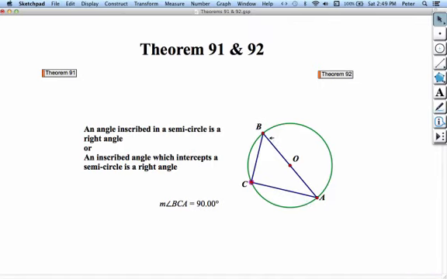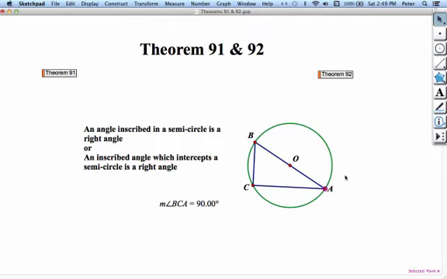You could also think of it as inscribed angle BCA intercepting arc AB, which is a semicircle. Either way, no matter where we place this inscribed angle, which intercepts a semicircle, the measure of angle C is 90. Even if we kind of move the diameter around, it's still equaling 90 degrees.